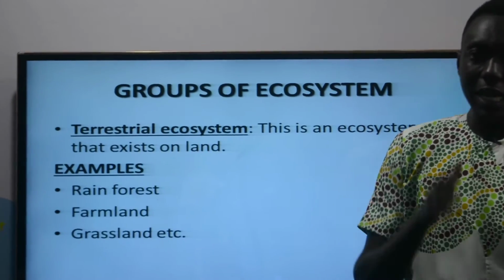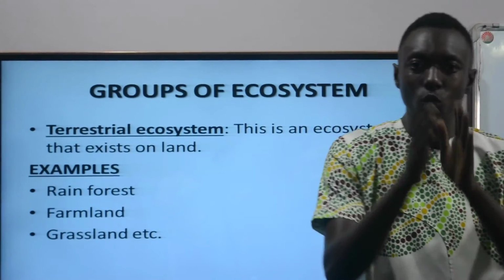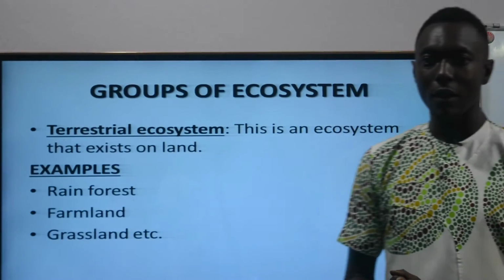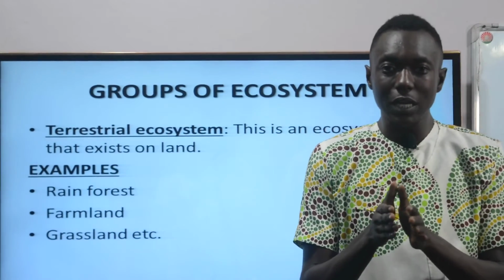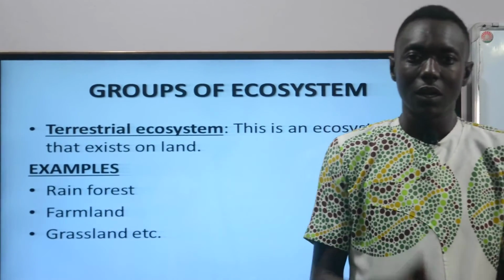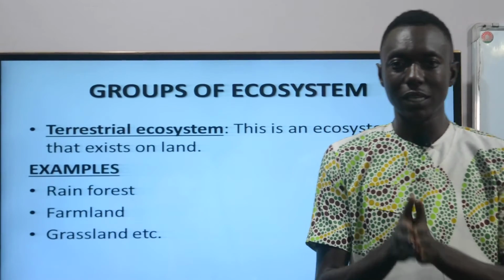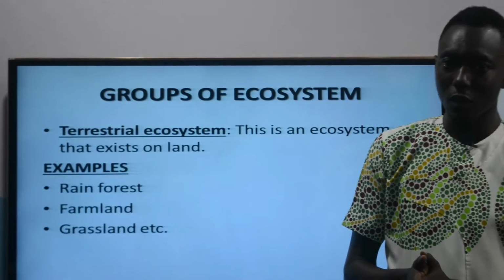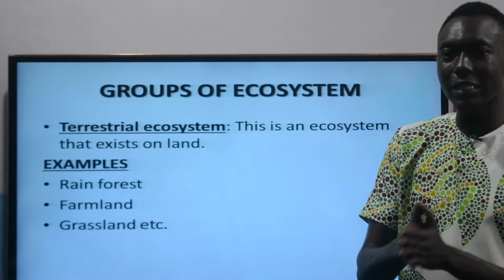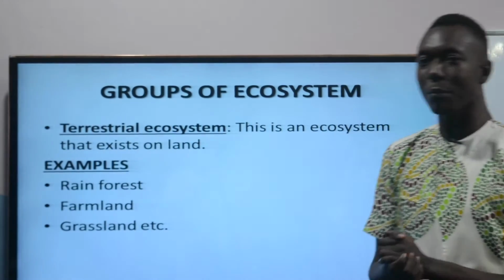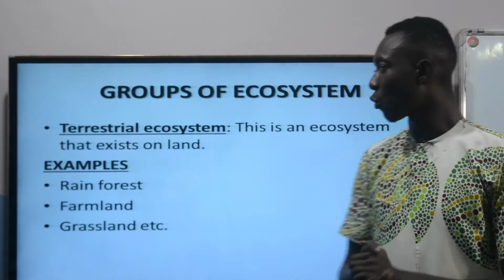Now, with this ecosystem we are talking about, we can group them into 2 main parts, because some ecosystems exist in water, others exist on land. So let us look at these 2 groups of ecosystem. The first one is what we term as terrestrial ecosystem.